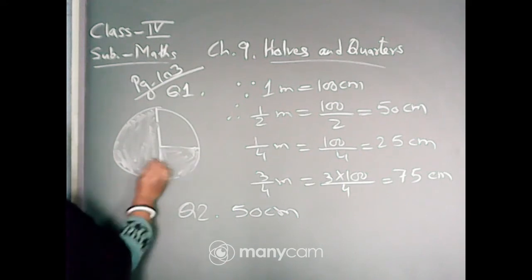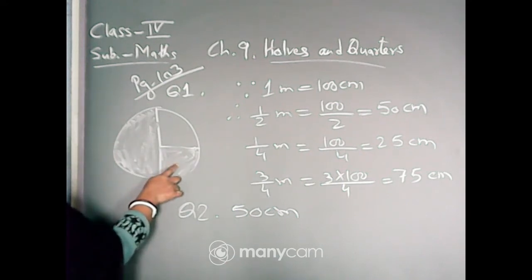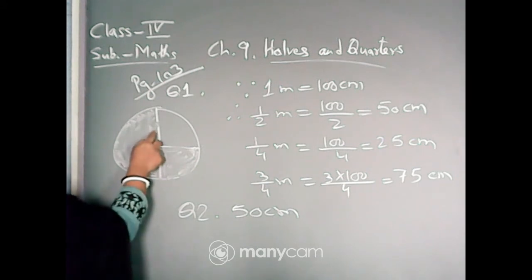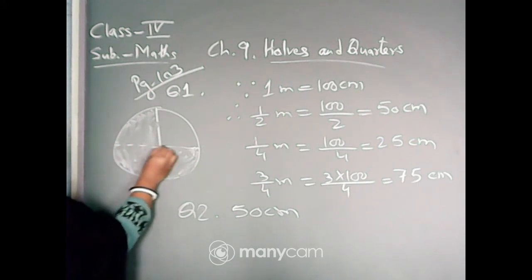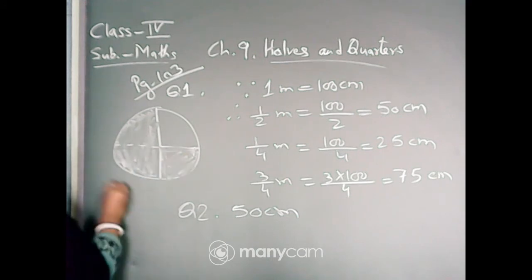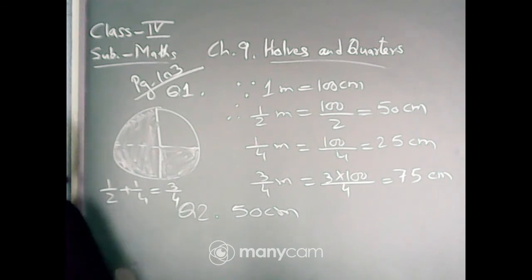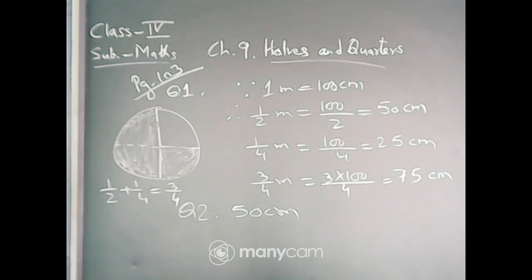Now it is asked whether half plus 1/4 is equal to 3/4. Is it 3/4? Yes. When you are dividing this, 1, 2, 3, exactly. So half plus 1 by 4 is equal to 3 by 4. It is right. In the book you write just yes.